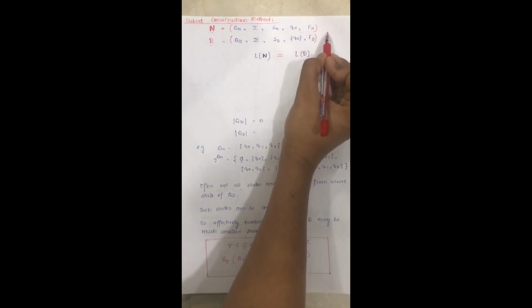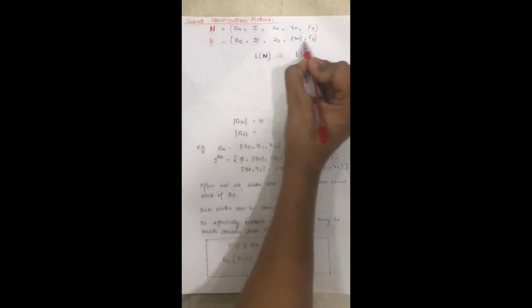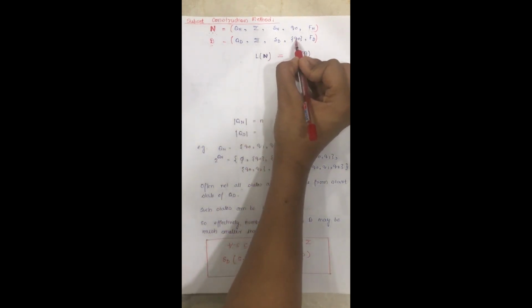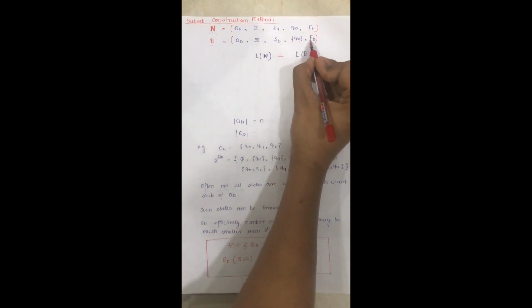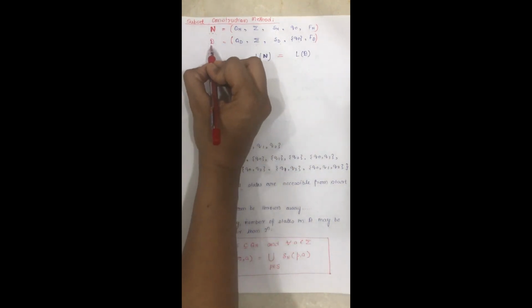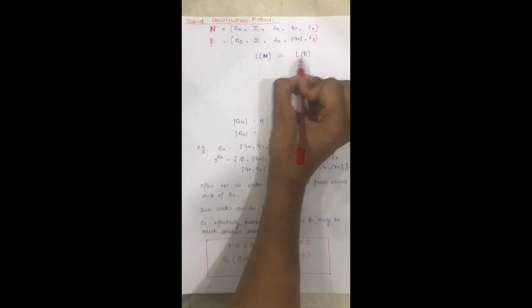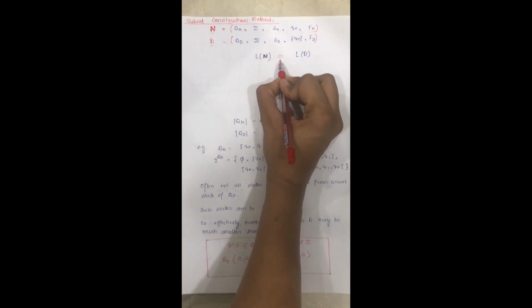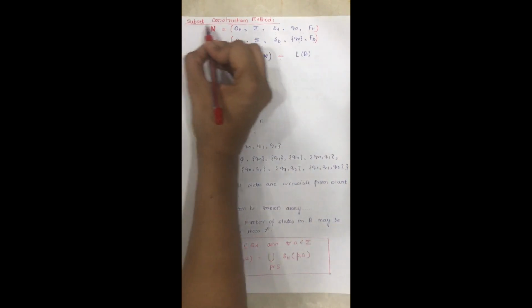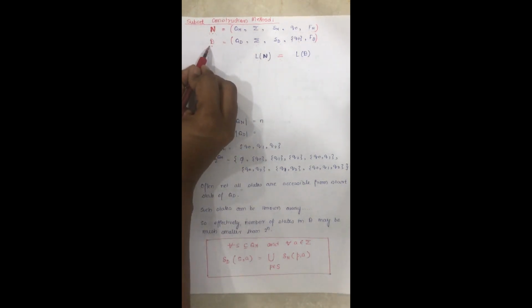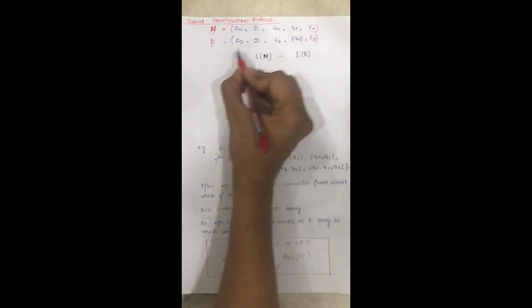Its equivalent DFA is defined over these 5 tuples: Qd, Σ, δd, {q0} and Fd. Equivalent means this NFA will produce one language, similarly this DFA will produce one language, and the language produced by both finite automata should be equal. So we will use the subset construction method to convert this NFA into a DFA, formally defined like this.